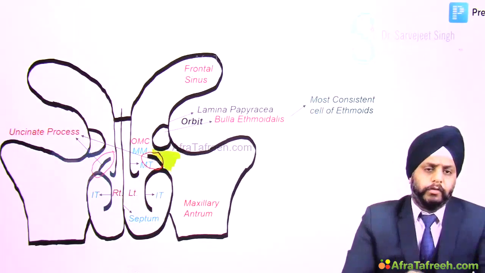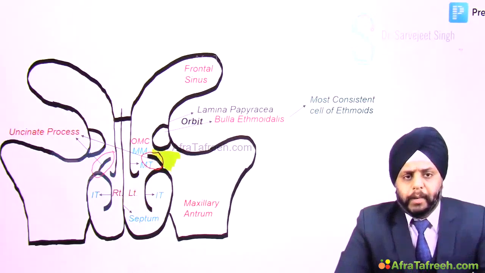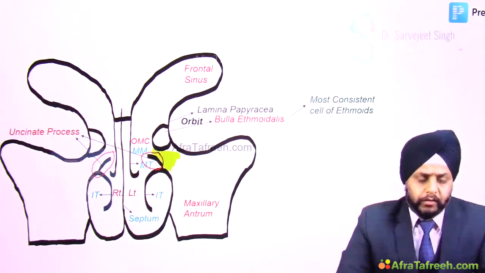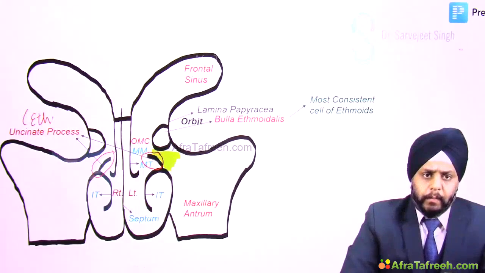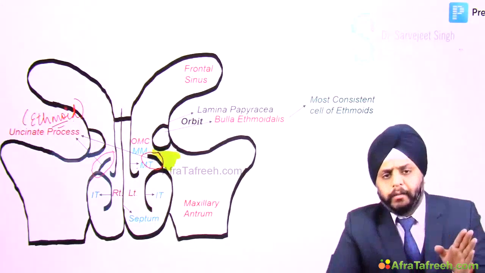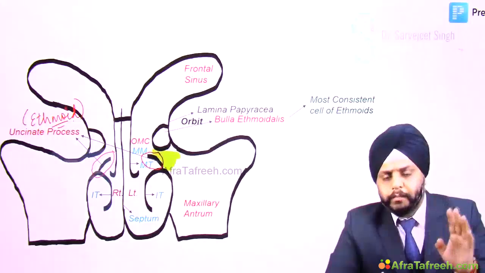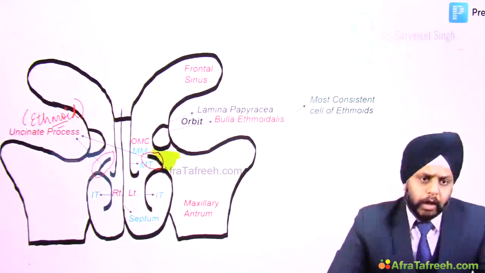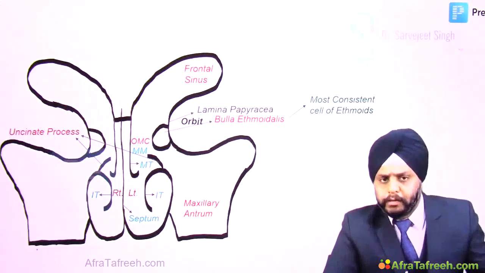Now, the first question is, uncinate process is a part of which bone? It's a bony structure, okay, and this uncinate process, please remember that this is a part of ethmoid bone. All right, although it looks like it is coming up from the inferior turbinate, but remember it is a part of ethmoid bone. All right, now let's say this uncinate process was not present.